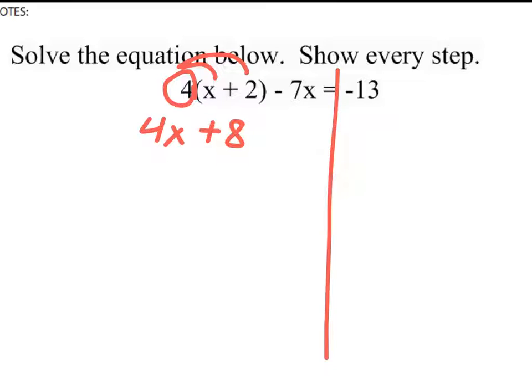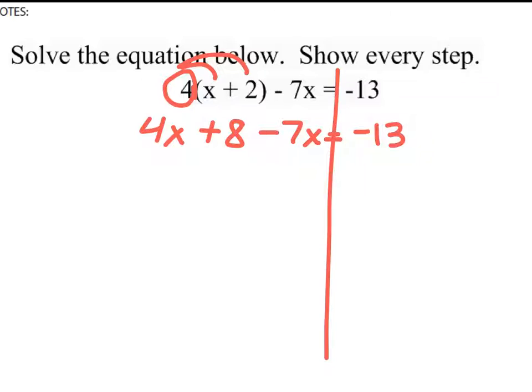No. Is negative 7x inside the parentheses? No, it's outside of it. You only multiply to what's inside the parentheses. I see some of you making that mistake. Please don't make that mistake. That's a common mistake. So what I do is I bring down the negative 7x. So that's distribution. Take each thing separately. That's still equal to negative 13.